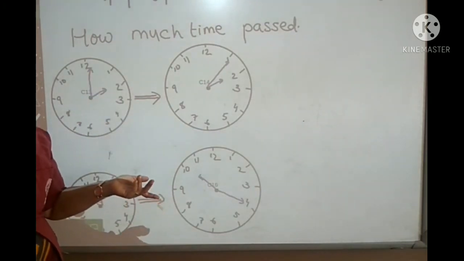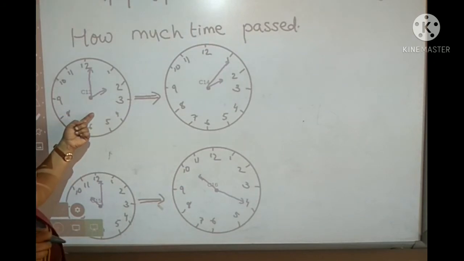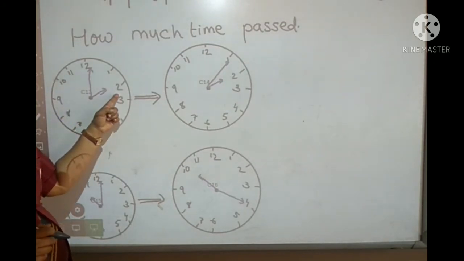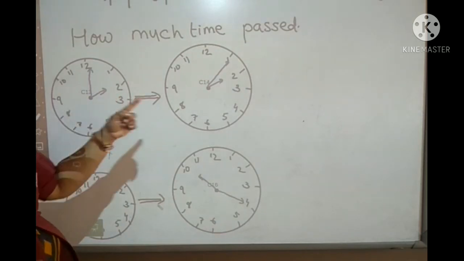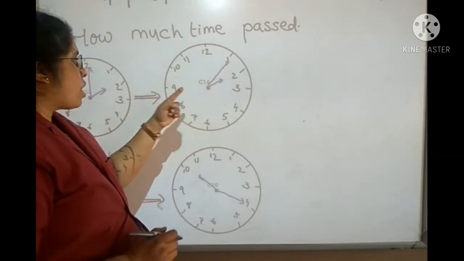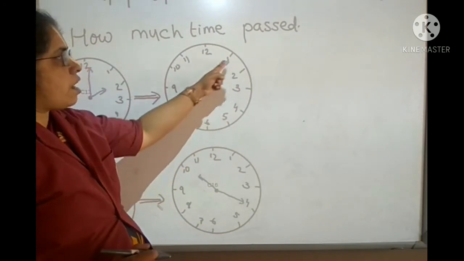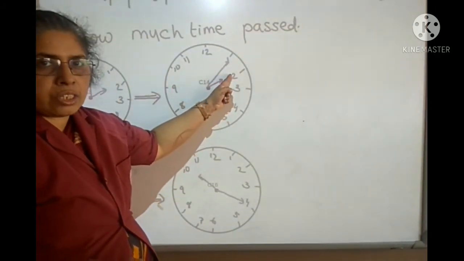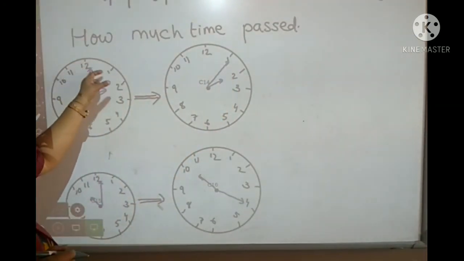See, in the first clock, the minute hand is on 12 and the hour hand is on 2. Now in the second clock, the hour hand is on 2 and the minute hand is on 1. That means here the minute hand has changed from 12 to 1.